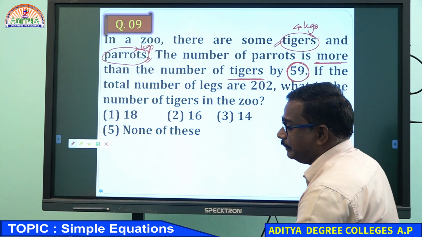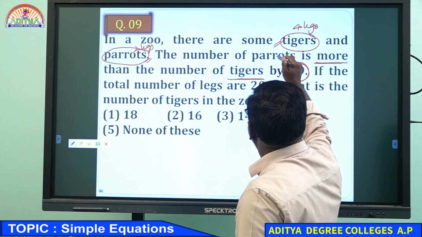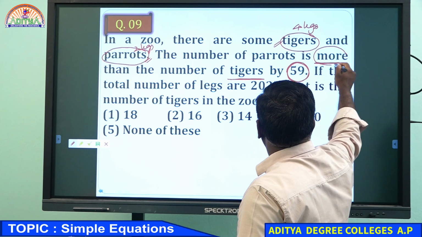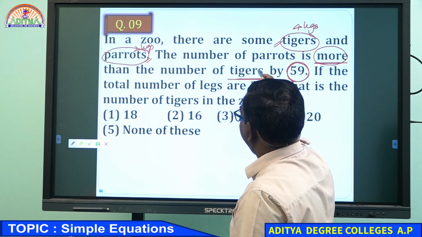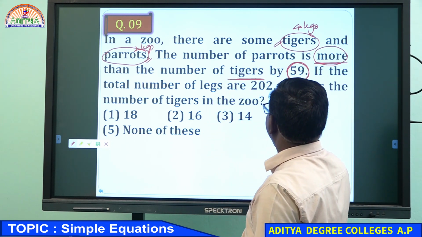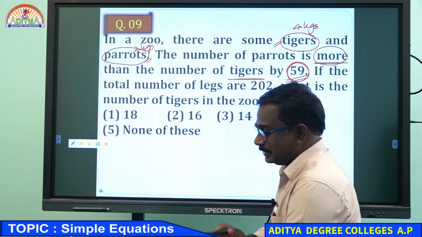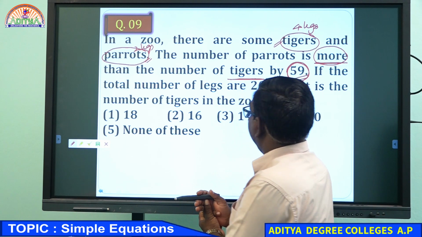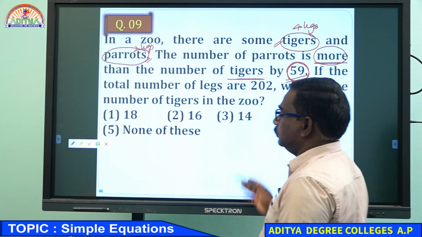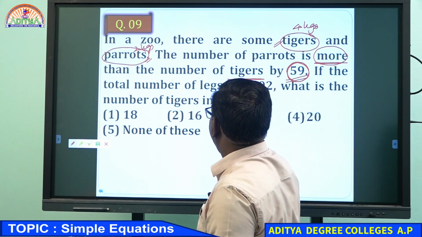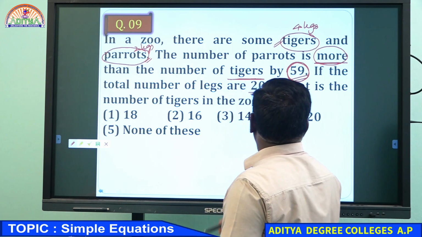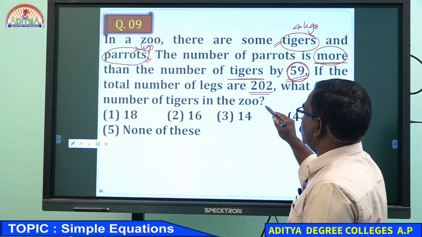The number of parrots is more than tigers, by 59. The total number of legs is 202. And the question asks the number of tigers in the zoo.